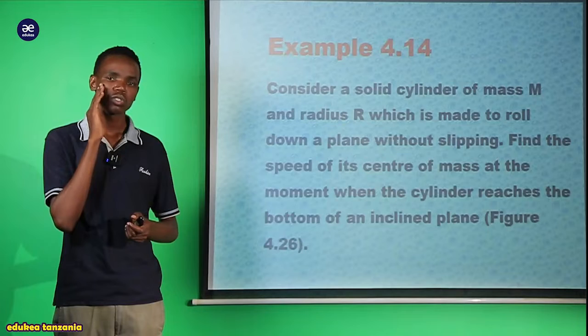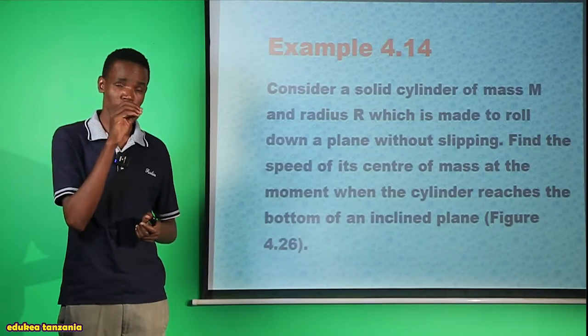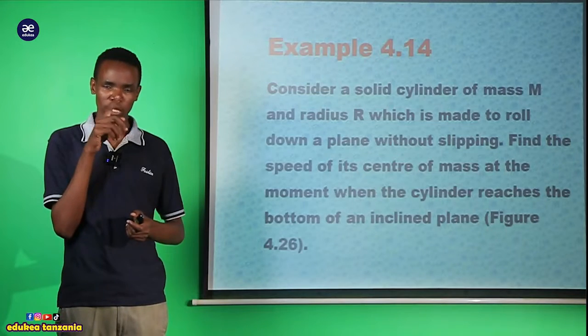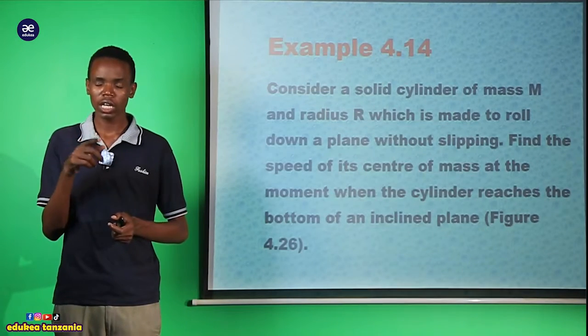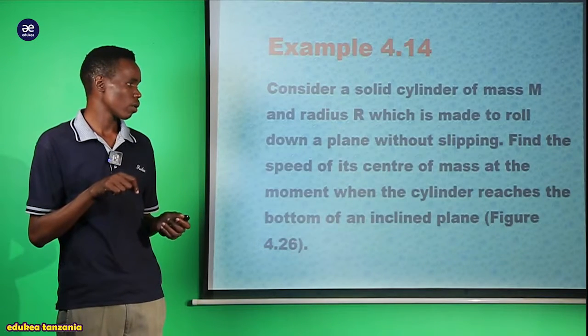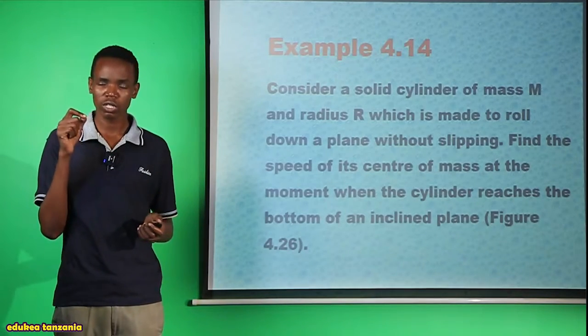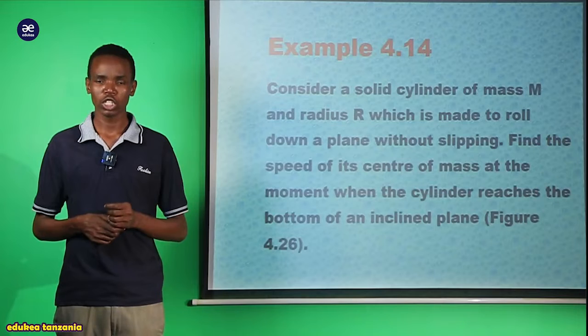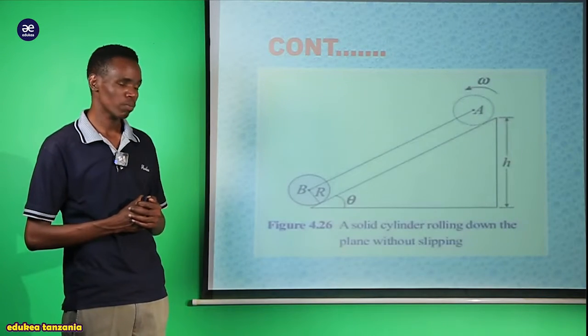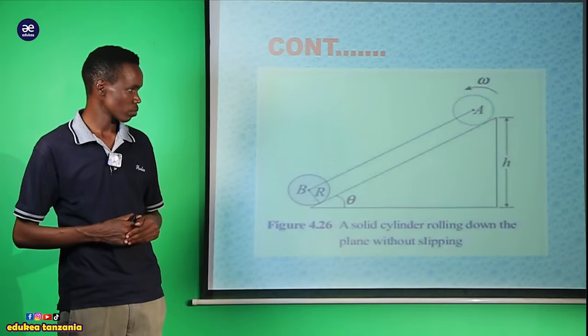It is placed at the top of the inclined plane, then it undergoes rotation downwards. Which speed will it have when it reaches the bottom? This is what we have been asked in our question here.